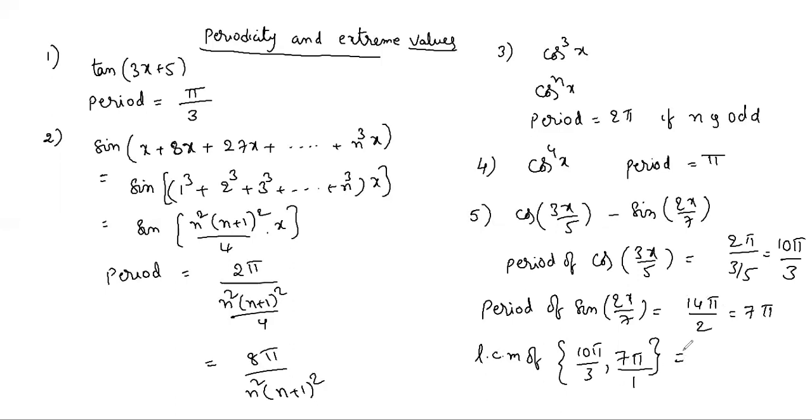So it is 10 comma 7, the LCM is 70, and the denominator highest common factor is 1. So the answer is 70. So this is the period of cos 3x by 5 minus sin 2x by 7.